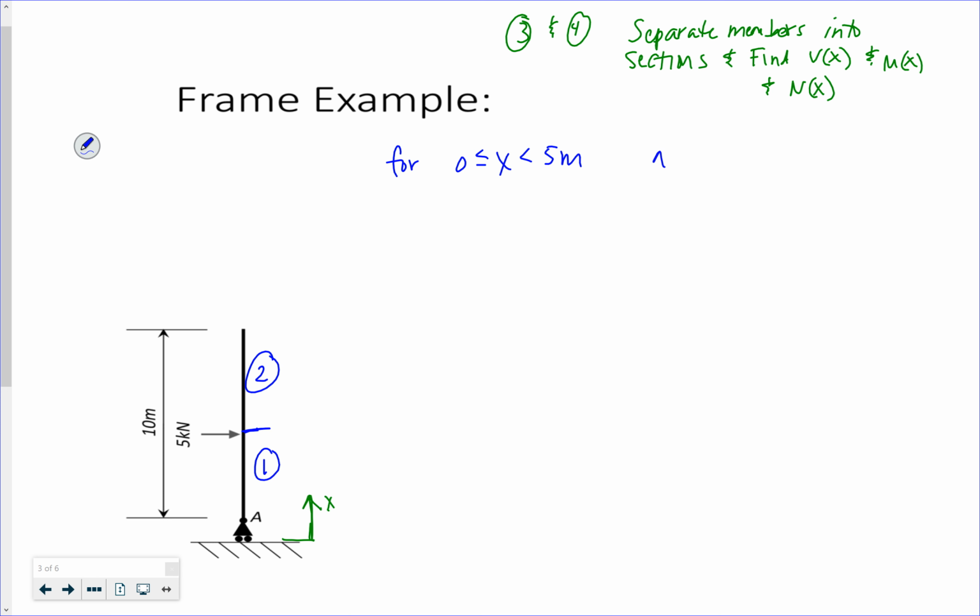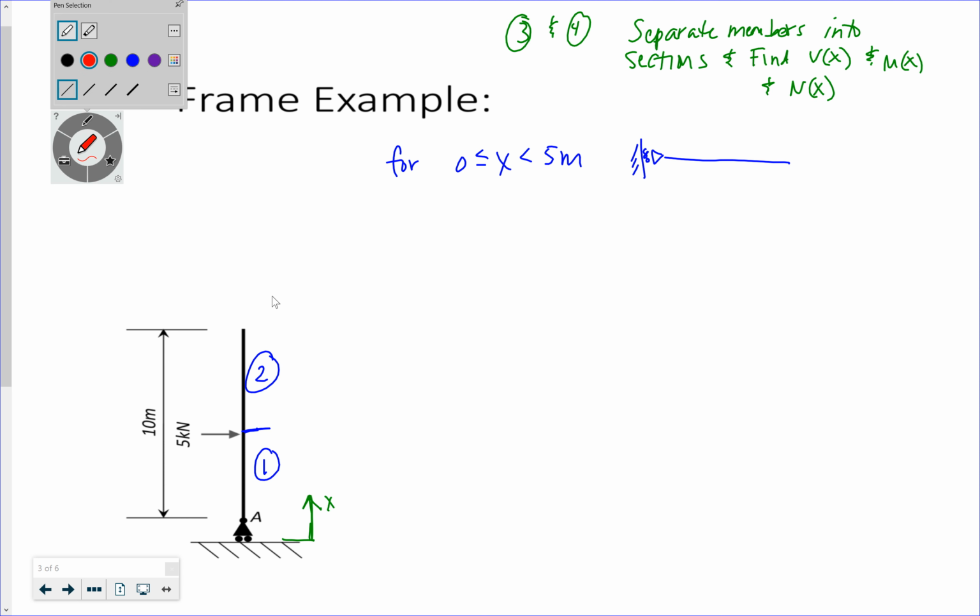I have a roller. The only force is my vertical reaction.